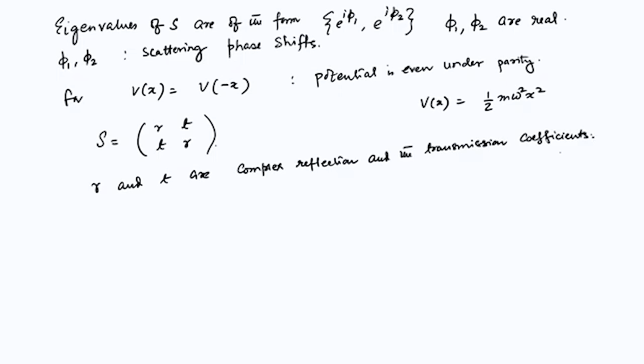And we know that the reflection probability, capital R, is equal to mod small r square, and capital T is equal to small t square.